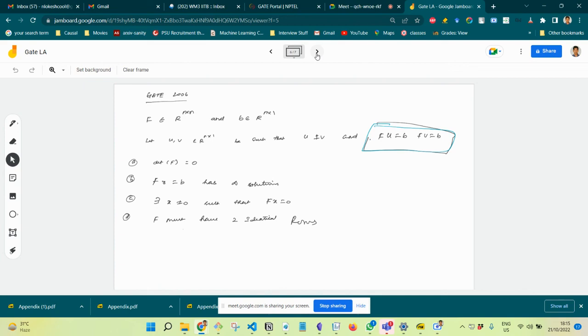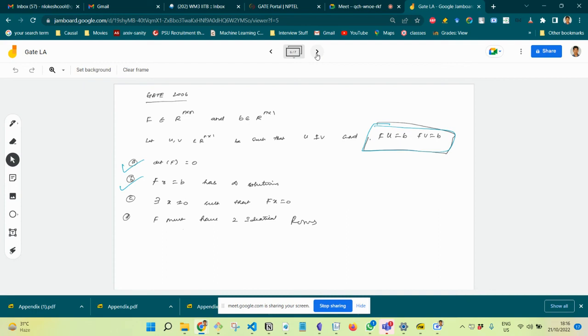And now if you backtrack, if a matrix has infinitely many solutions, we know that the determinant of that matrix should be equal to 0, right? And that is why option A becomes immediately correct. All right. And option B also we just saw. Fx equal to b has infinitely many solutions, right?